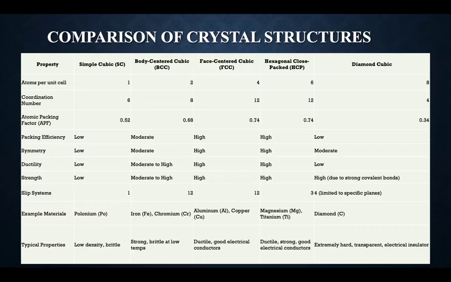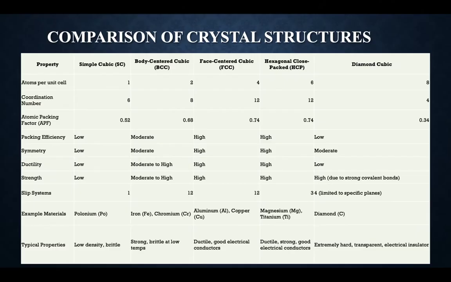The comparison of crystal structures. Let's compare simple cubic, body-centered, FCC, and hexagonal close packing. These are the properties. In simple cubic, the atoms per unit cell is 1, in BCC it is 2, whereas in FCC it is 4, in hexagonal close packing it is 6, and in diamond cubic it is 8.